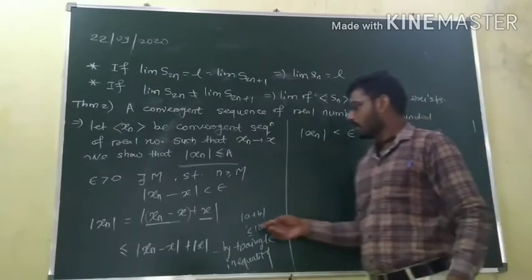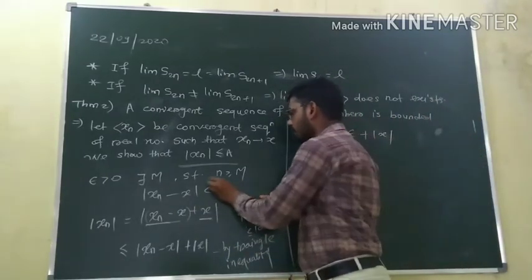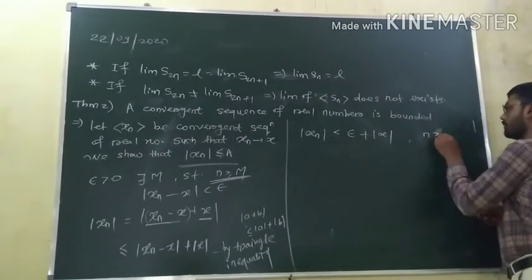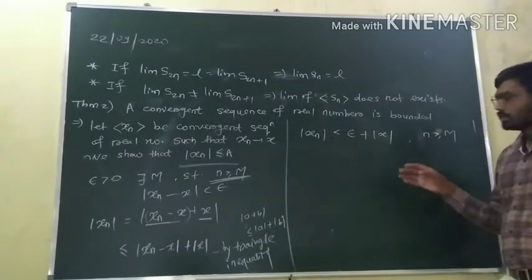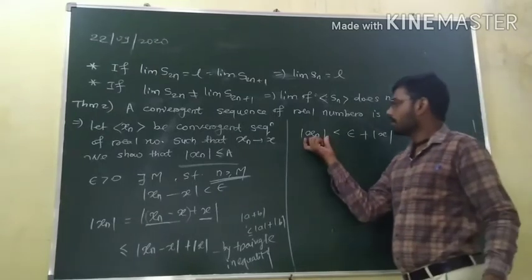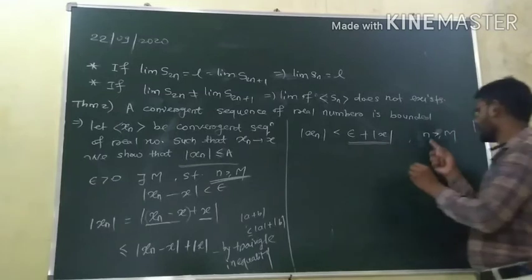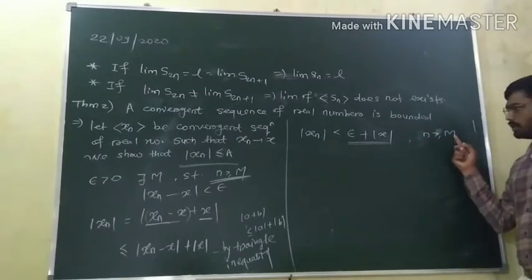Whenever n is greater than or equal to m, all the terms of the sequence xn are less than this number.